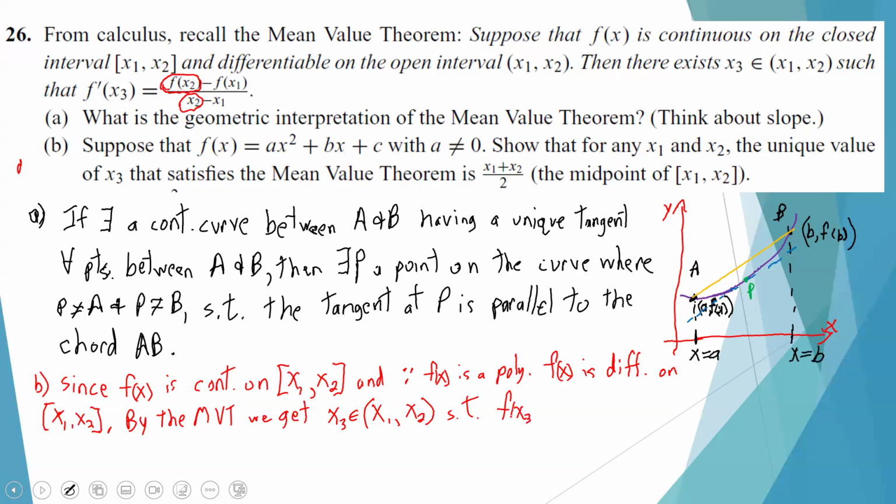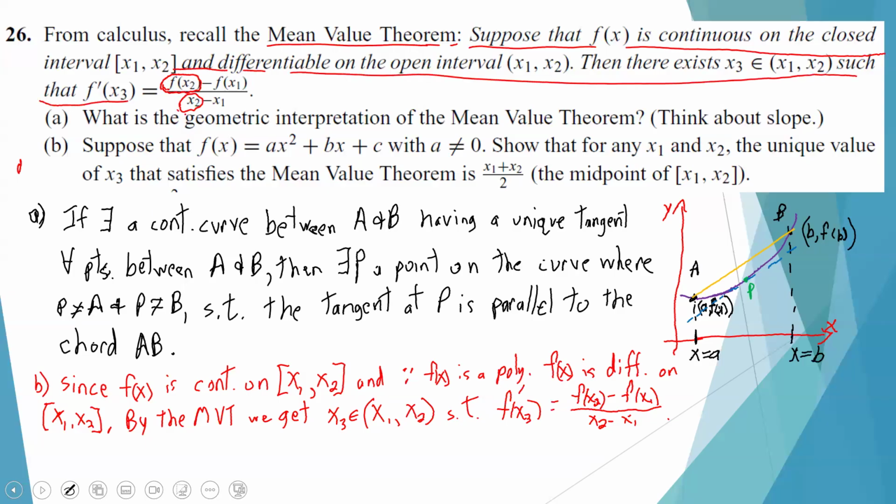This is just the mean value theorem. We have that from up here, because this is what it means. So all of this is true, which means this piece is true, right? So that's the piece we're using.